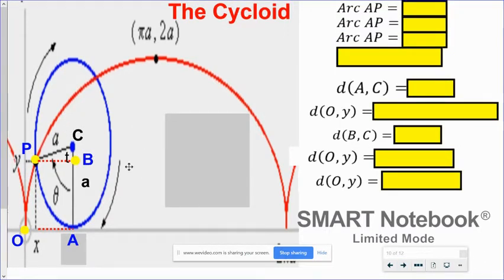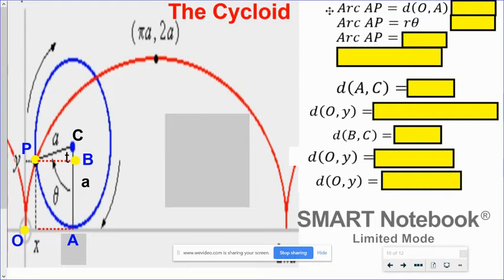To the next step. Well, what about arc A to P? This arc right here. What do we know? Well, once again, we know it's the same distance from O to A, as we talked about in the last slide. Therefore, arc A to P is by definition the radius times the central angle in radians.